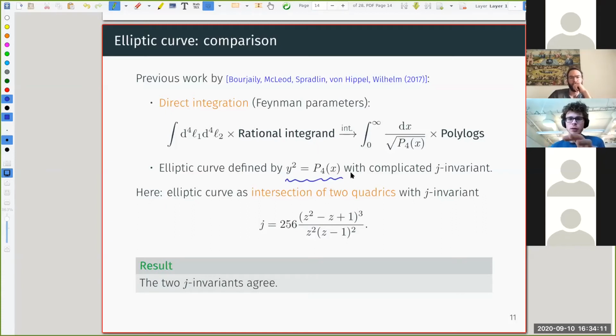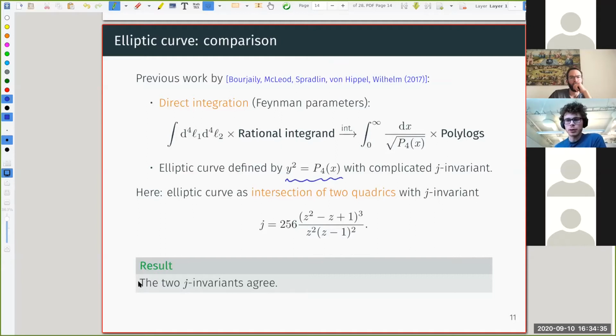And so now here we did something quite different, in the sense that we didn't introduce any Feynman parameters, and we didn't do any integrations, but this elliptic curve just arose as the intersection of these two quadrics. And we also have a formula for the J invariant, and we can compare the two, and they are the same.